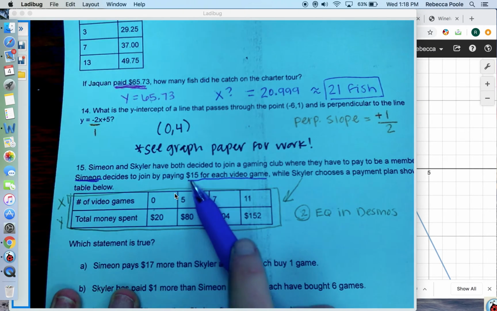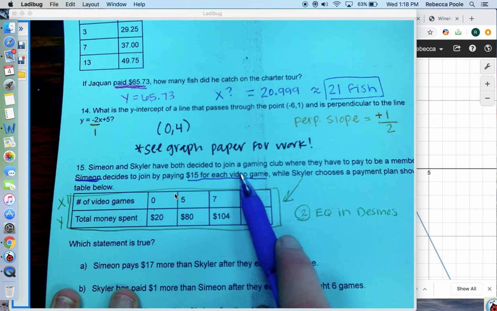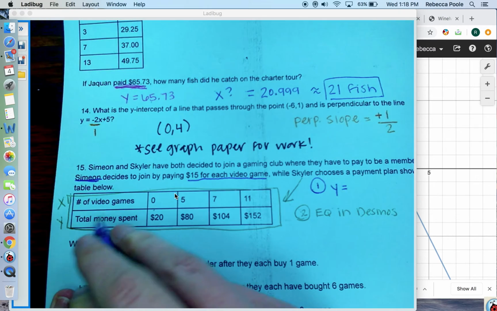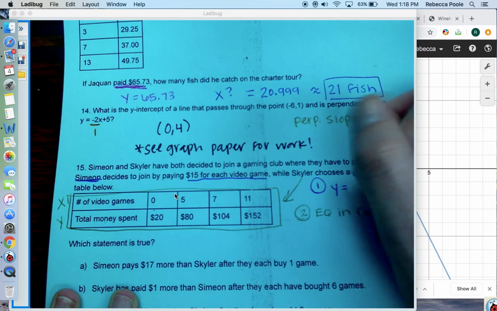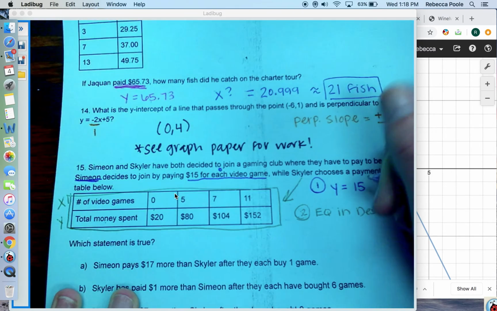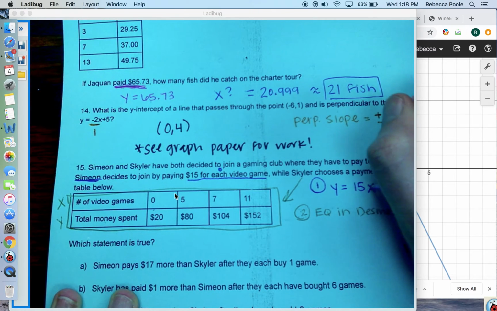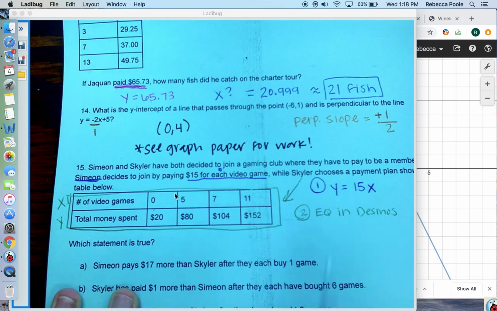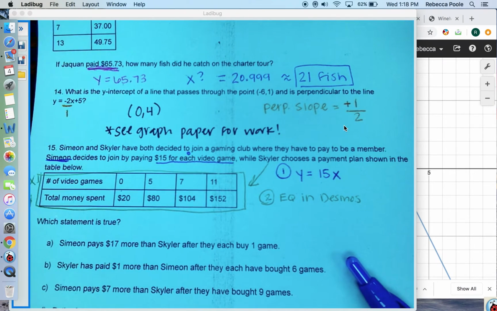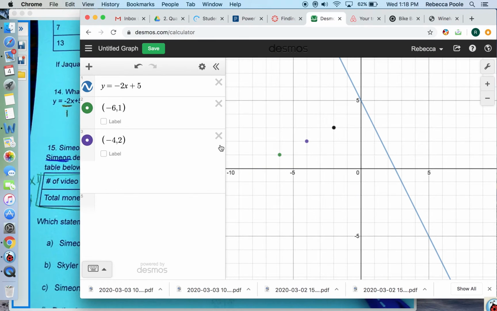So Simeon is paying $15 for each video game, which means Simeon, the Y is the money, so Simeon is paying $15. The word each, remember that means to multiply, for each video game, and video games are the X's. So in Desmos, I'm going to put in Y equals 15X.